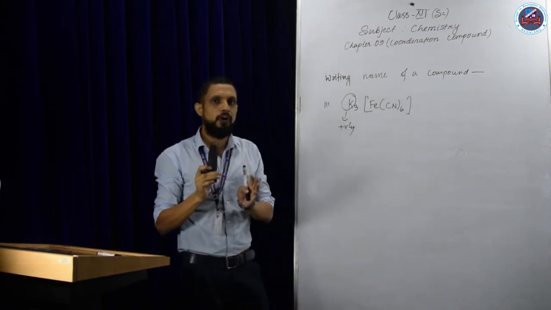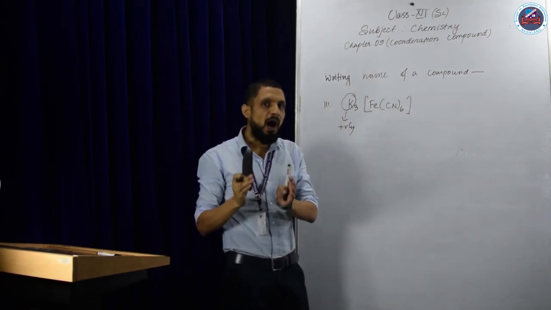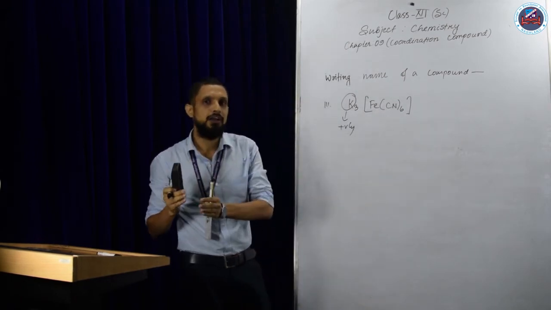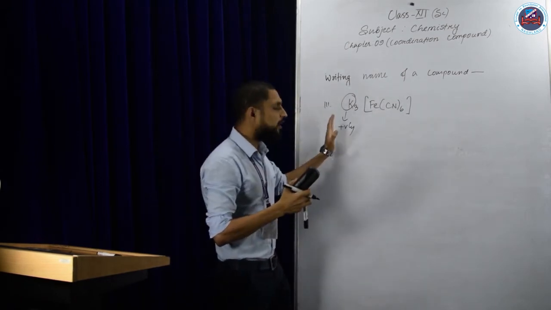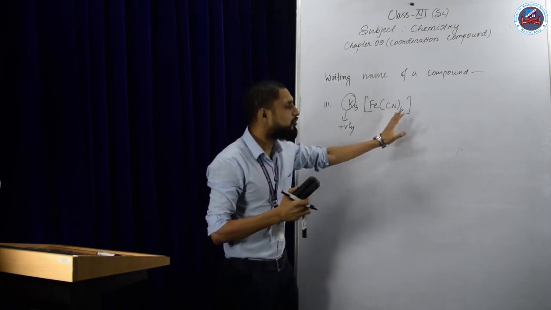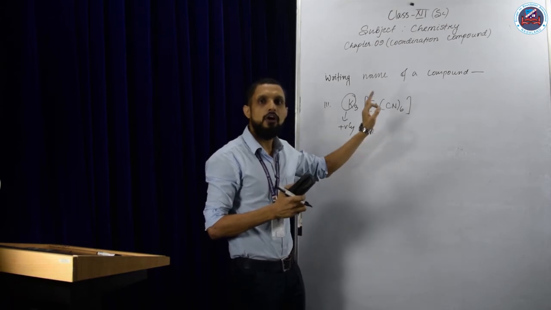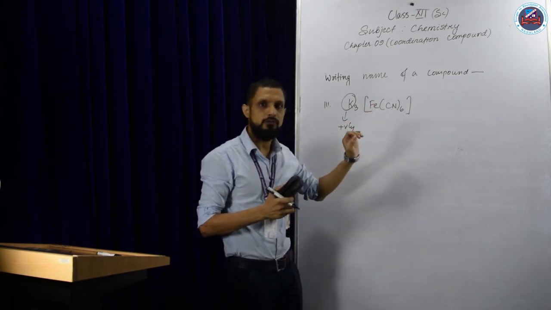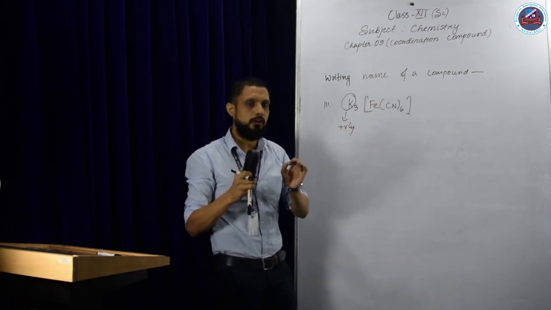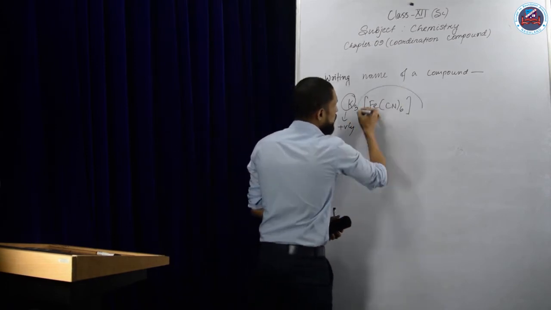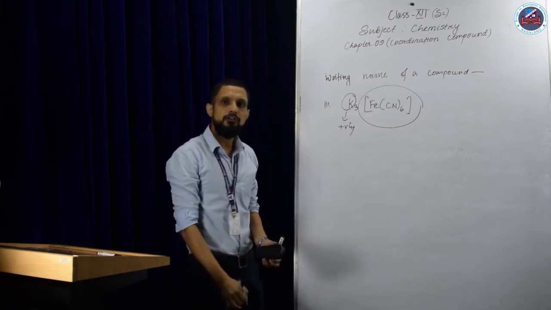You have to be very careful with compounds which contain a counter ion. Remember, if the counter ion is positive, the coordination entity will be negative. If the counter ion is negative, the coordination entity will be positive. So potassium is positively charged, and the coordination entity is negatively charged.